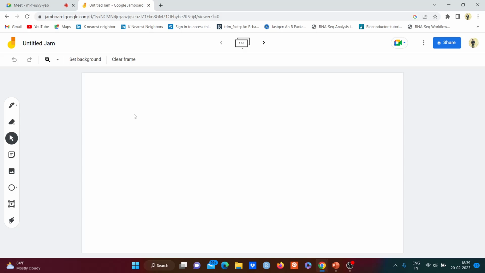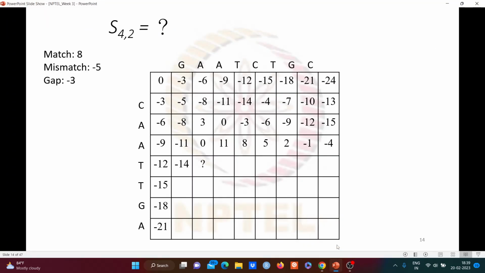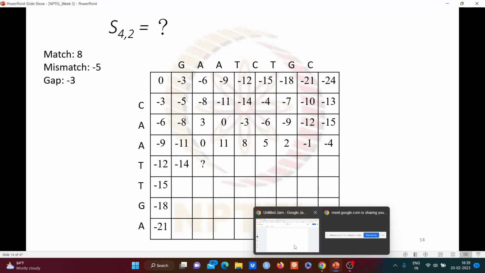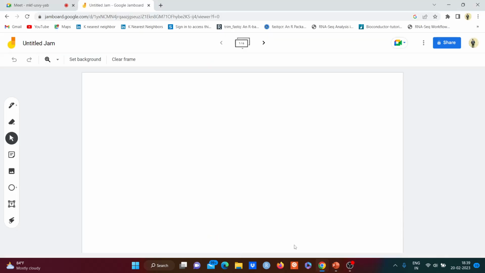So the given neighbors for the cell are 0, -11 and -14, and we are asked to calculate the value of this cell.